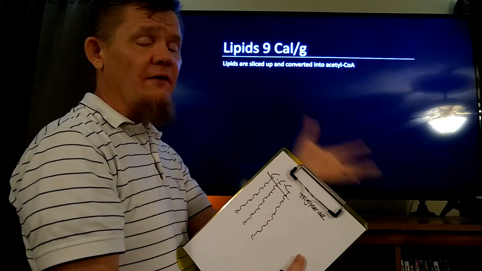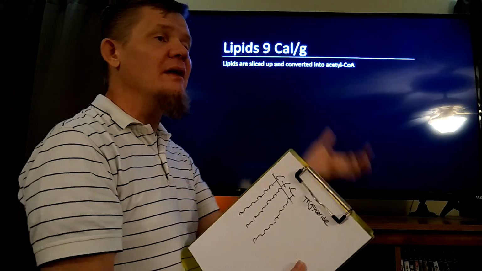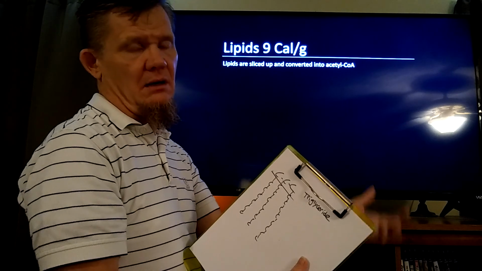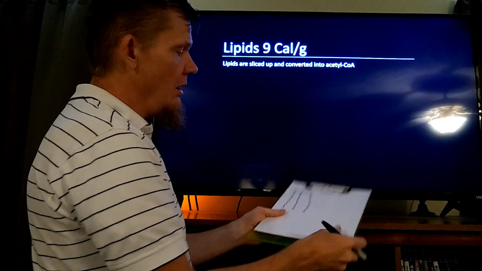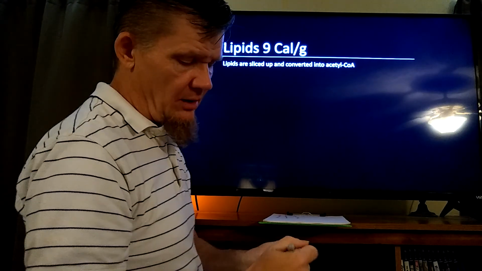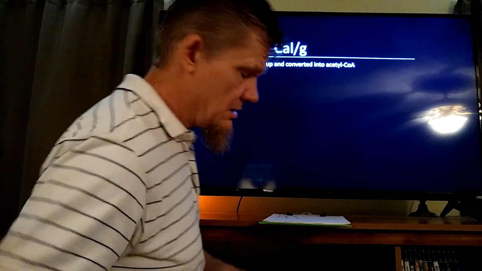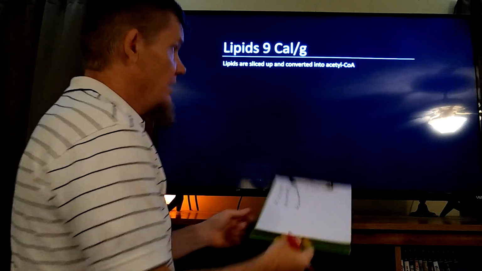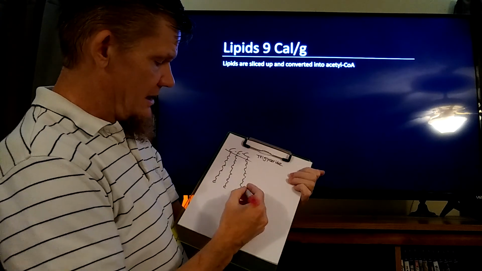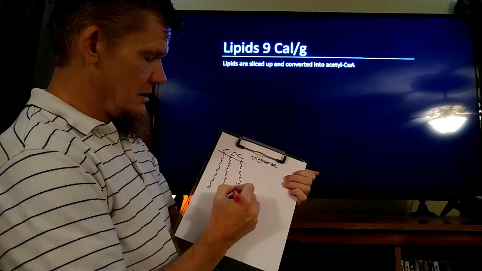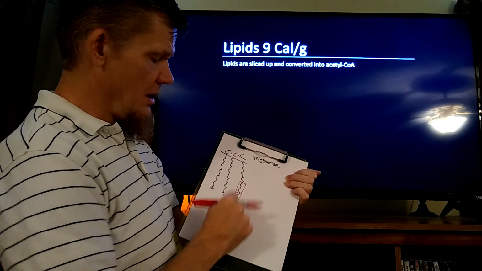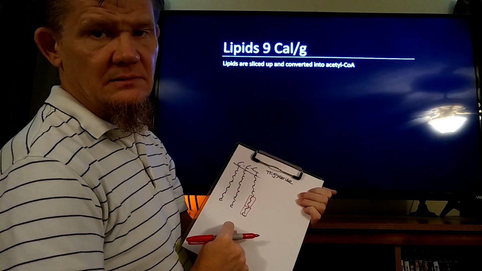Once we can convert it into a product that we have seen in cellular respiration, that's where we start. All of these carbons that are these fatty acids, I convert them into 2 carbon chains. If I have a 2 carbon chain, what do I need to add to it?